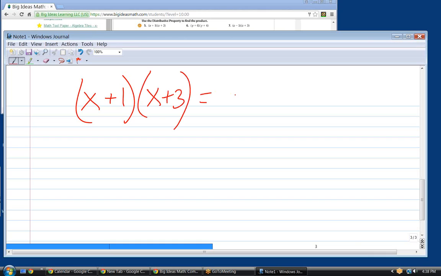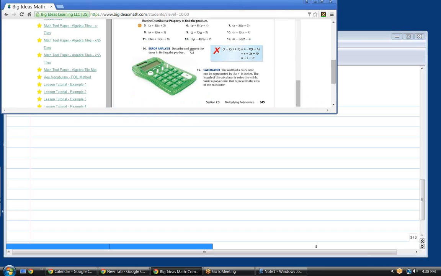Do this one real quick for me. x squared plus 3x plus 1x, which is just x, plus 4, and plus 3. No, sorry, I forgot we were multiplying. It's all right. And that equals x squared plus 4x plus 2. All right.